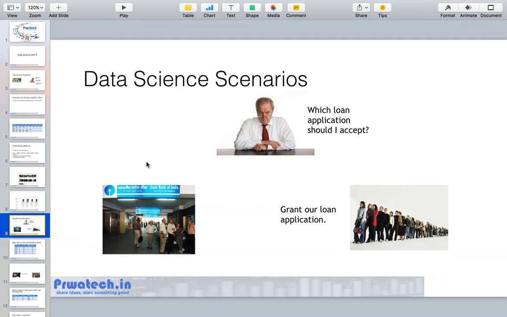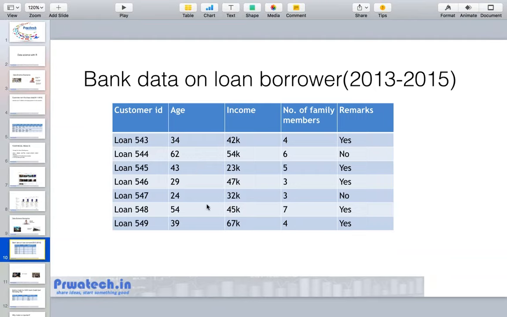If they don't pay in future, then the bank will go into huge loss. To prevent this, they analyze their previous data, build a model from that data, and from that model decide to whom they should grant the loan application.